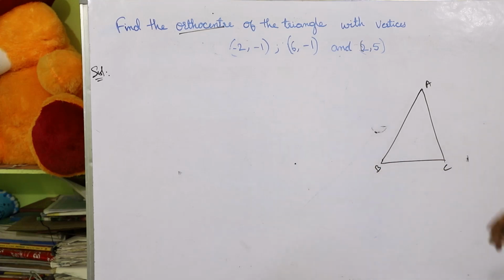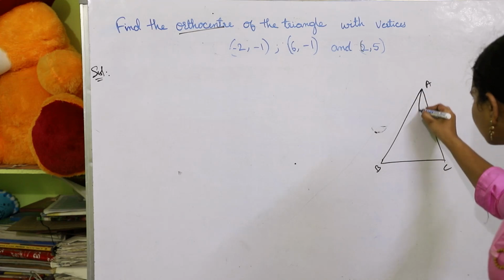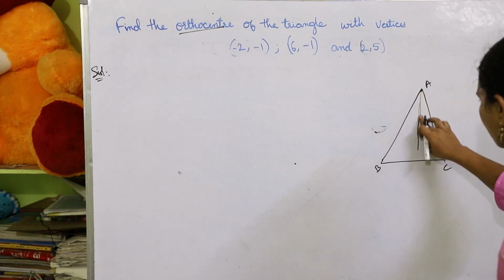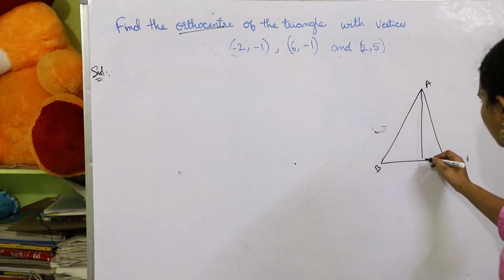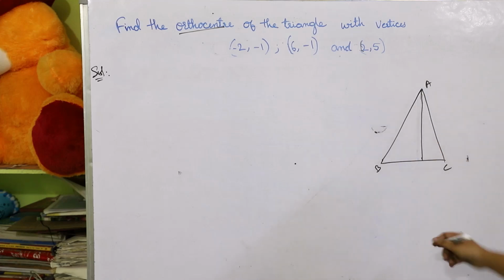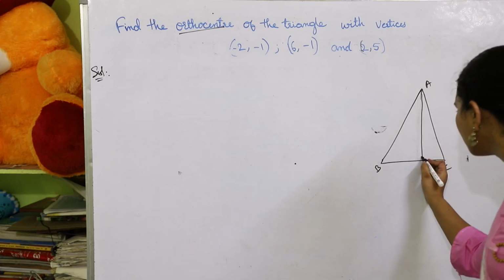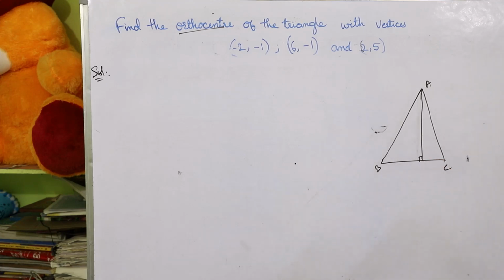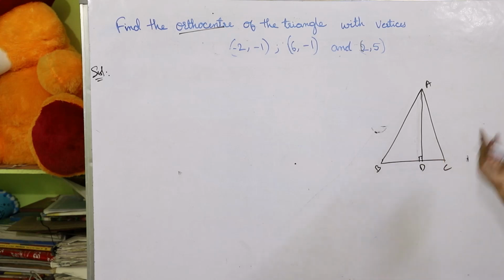Now I would like to pass a line from point A which is perpendicular to BC. Let us pass a line from point A to the base, and let us call that point D. So A, B, C, D. Clear?